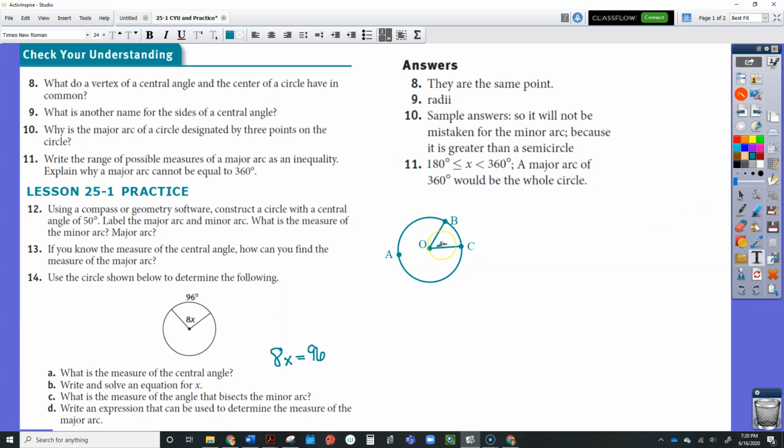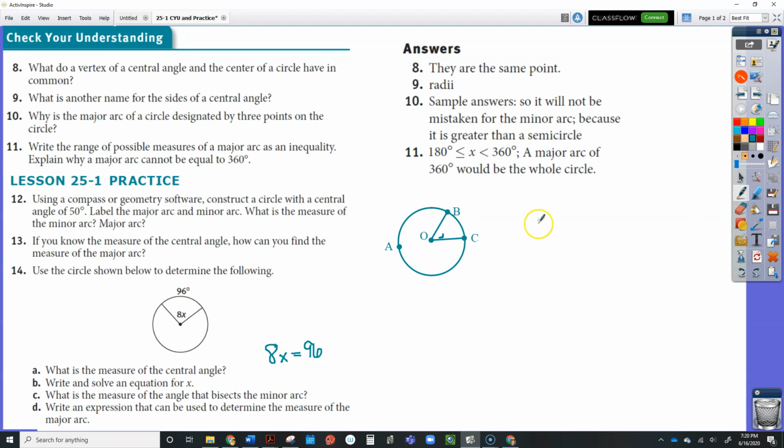If that's 50, then the minor arc BC right here is going to be 50. And this arc right here, let me try the pen, maybe it'll work, is going to be 360 minus 50.